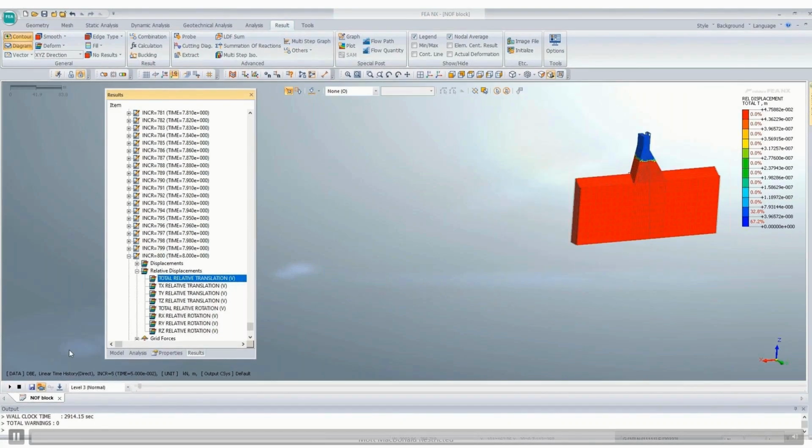Okay, now it has started the actual animation. Still we are at 0.3 seconds. The deflection is not significant; you cannot view the deflection.